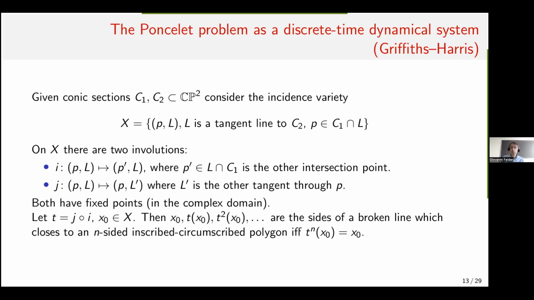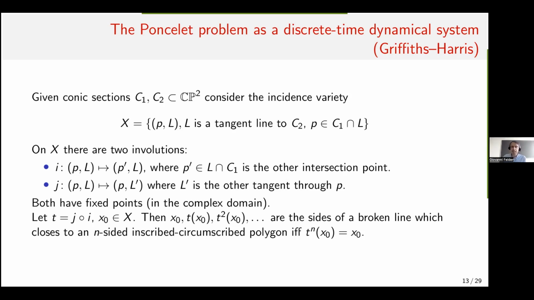And the second one, you keep the point and you take the other tangent. Through every point of this outer circle, there are exactly two tangents, or generically two tangents to the inner circle. Now, this can be formulated purely in terms of algebraic geometry.